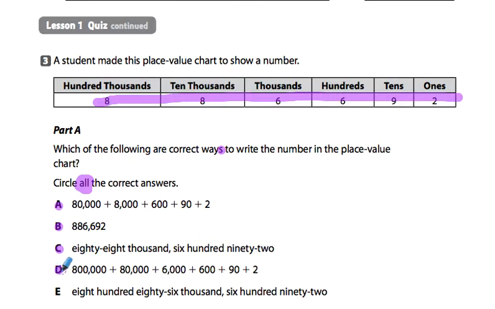Could we write it like this? 800,000 plus 80,000 plus 6,000 plus 600 plus 90 plus 2. And could we write it like this? 886,692. All right, pause the video, answer the question. And if at any point you need to listen to me read these again, just rewind your video a little.